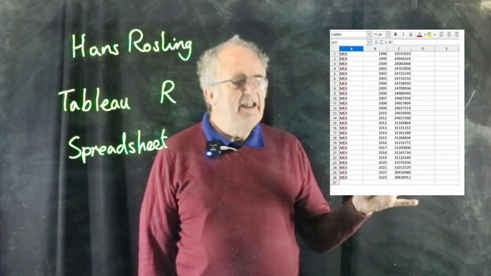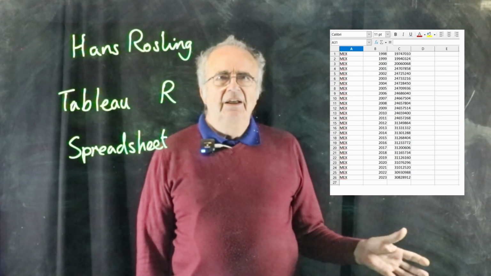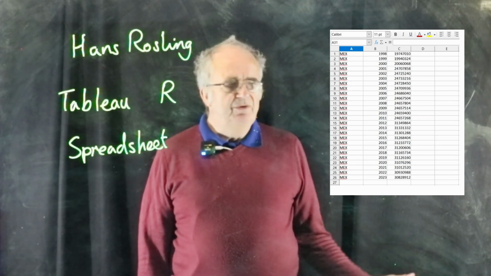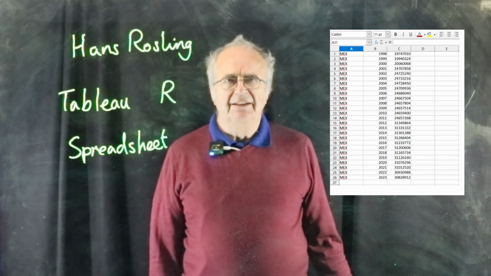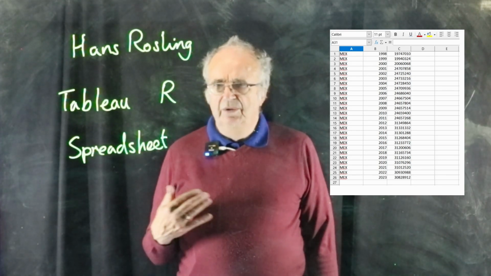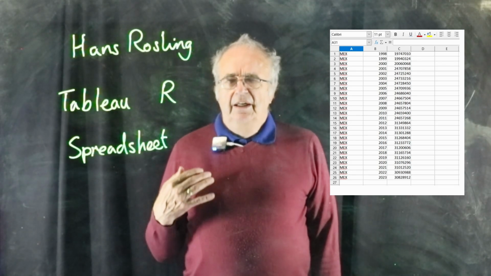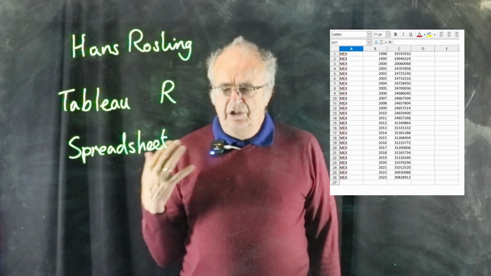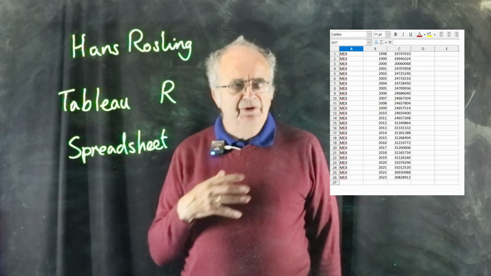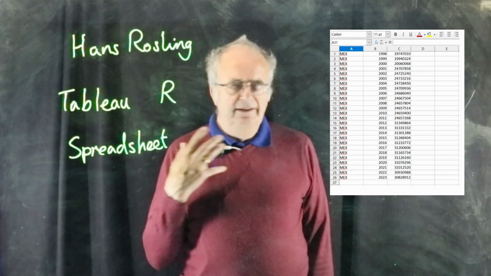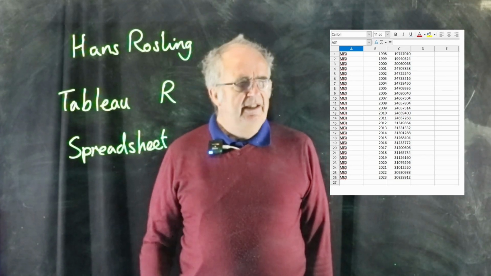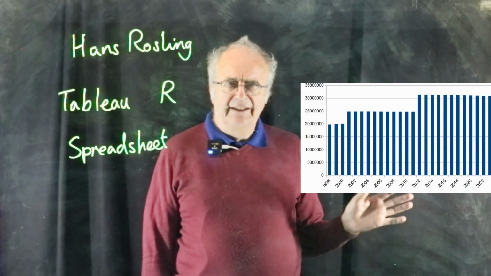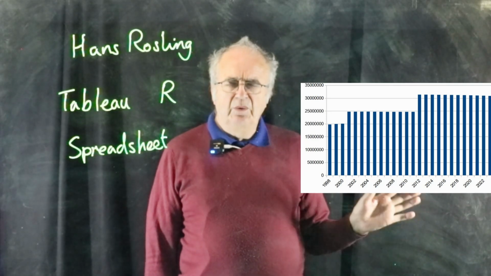If you put it into a table, you get something that clearly describes the world as it's reported to UNESCO. But nothing stands out immediately to you in that data. In contrast, if we put it into a graph, good spreadsheet software will allow you to put a graph into the data in a couple of clicks, and you get the data showing up in visual format like this. It changes what you see immediately.